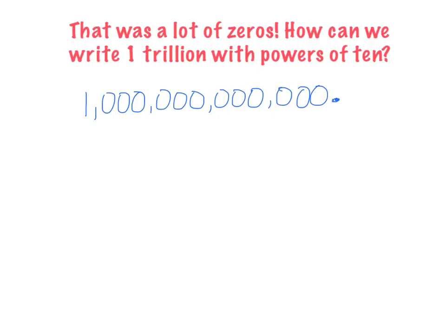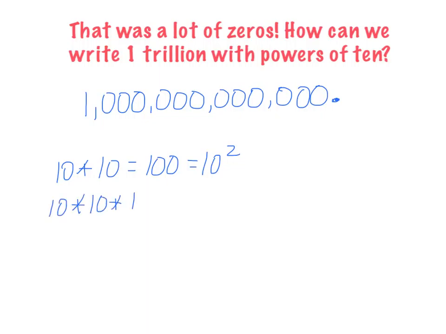So 10 times 10, remember, was 100, and that was 10 to the power of 2. 10 times 10 times 10 was equal to 1,000, and that was 10 to the power of 3. Well, this time, we're going much, much bigger. We have 1 trillion.